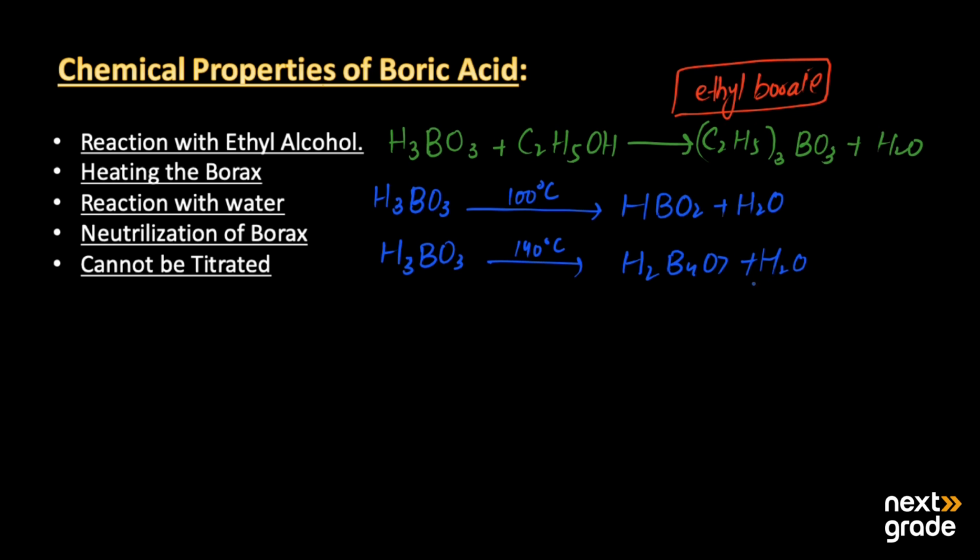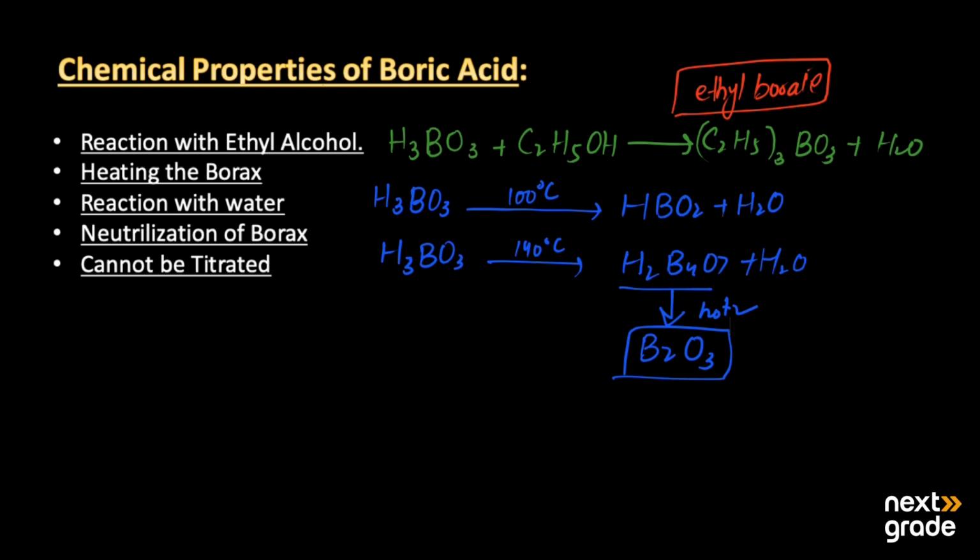So this is the simple heating. After that, heating this tetraboric acid by red hot heating, it changes into another product, which is boric anhydride, B2O3. This is the boric anhydride upon red hot heating. This is the last product that we gain. This is the final product.